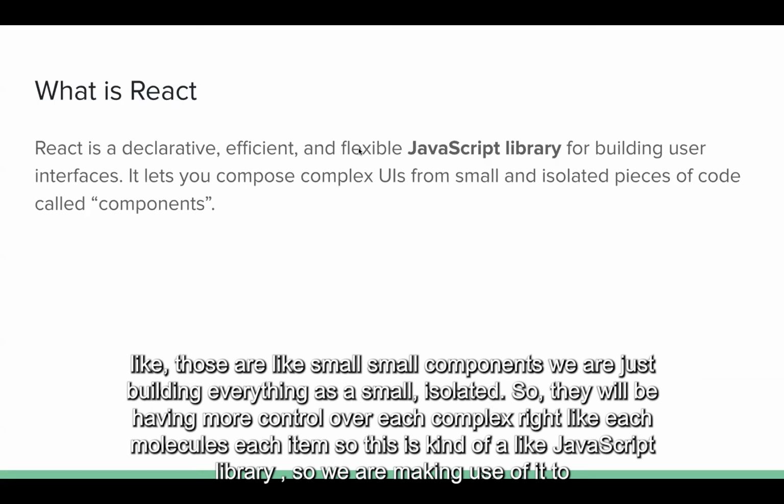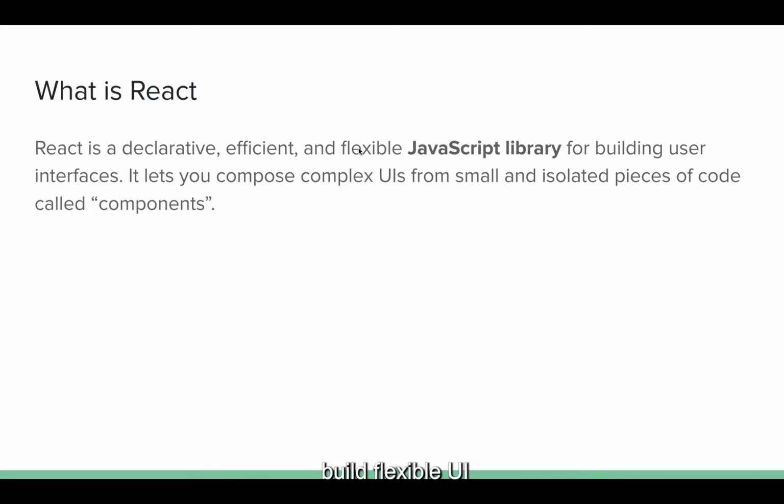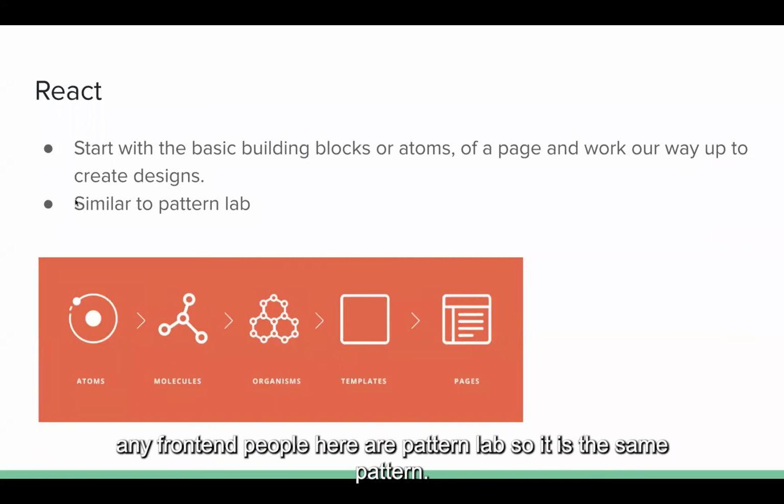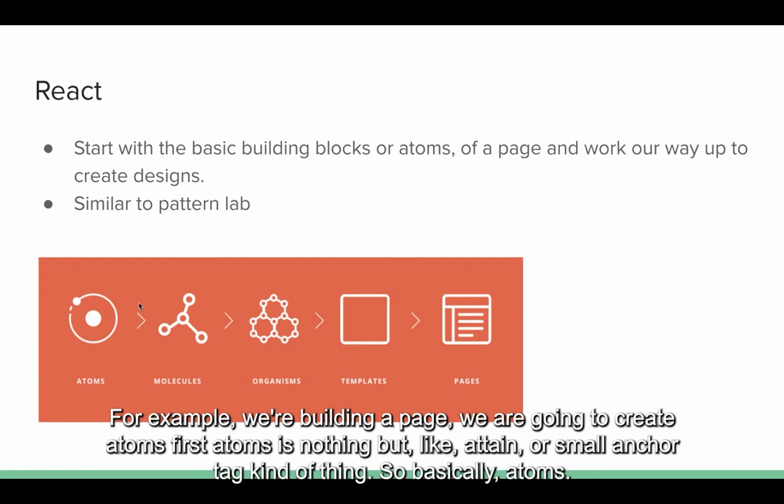So this is a kind of JavaScript library that we make use of to build a flexible UI. So how is React built? If any front-end people have heard of Pattern Lab, it is the same pattern. For example, for building a page, we are going to create atoms first. An atom is nothing but a button or a small anchor tag kind of thing.